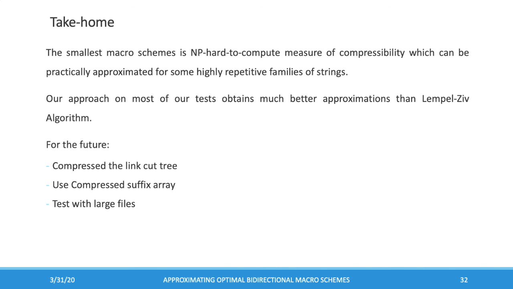For the future, we want to create a compressed Lyndon tree, because the Lyndon tree is storing all the letters of the text. We want to use a compressed suffix array to use less memory, of course test with large files, and improve the simulated annealing to obtain better results.